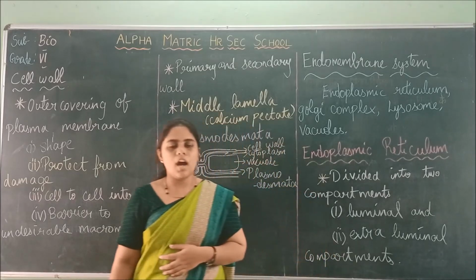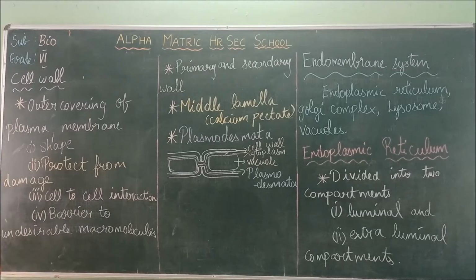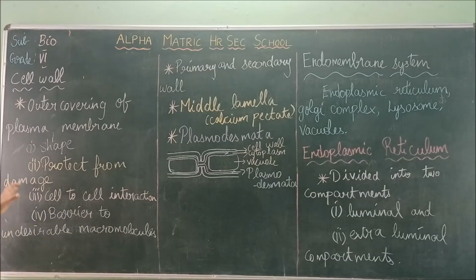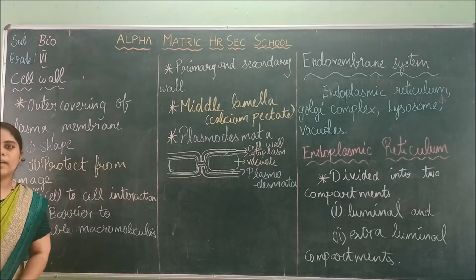Now I will give you a short recap from the first. In this part we saw about the cell wall. The cell wall is an outer covering of the plasma membrane. Its functions are: it gives shape, it protects from damage, it helps in cell to cell interaction and communication, and it is a barrier to undesirable macromolecules.